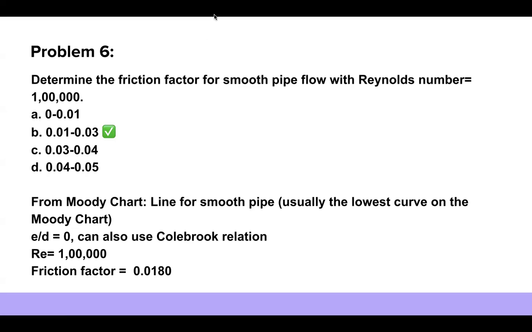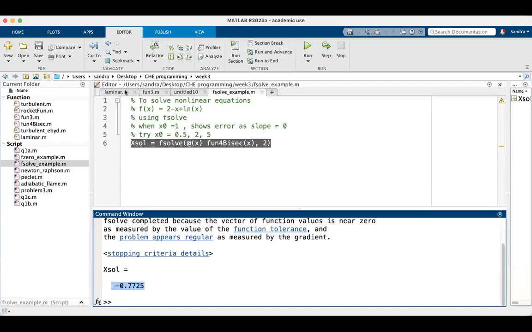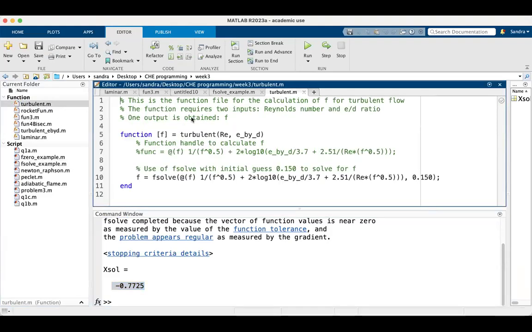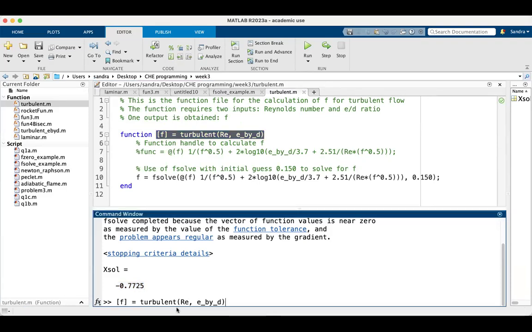Okay, let us try to keep that in MATLAB. You know the turbulent formula, right? Just give me a second. Yeah, this was it. And you give e by D equal to 0, and the Reynolds number that was 100000.